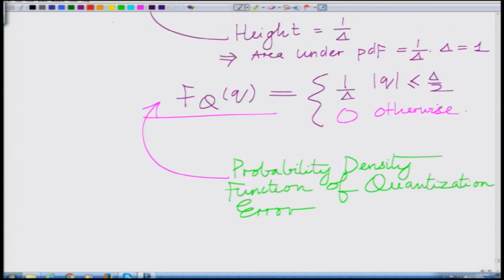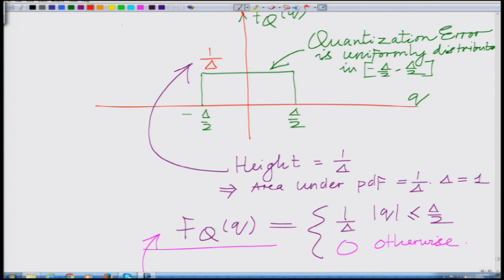Now, let us see what is the power or the variance of the quantization error. Obviously, if you look at the mean, one can see from symmetry that the error is uniformly distributed from minus delta by 2 to delta by 2.